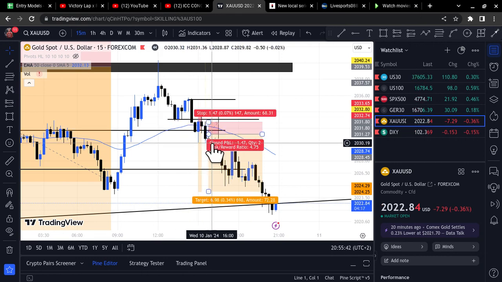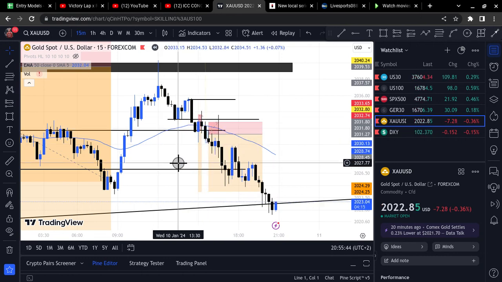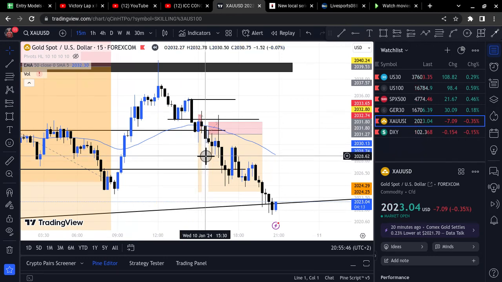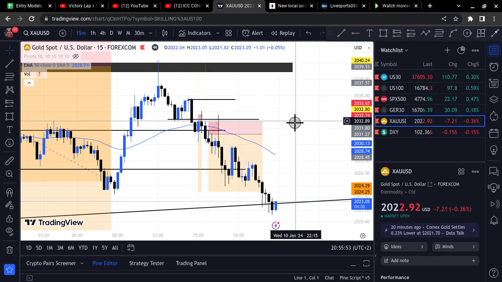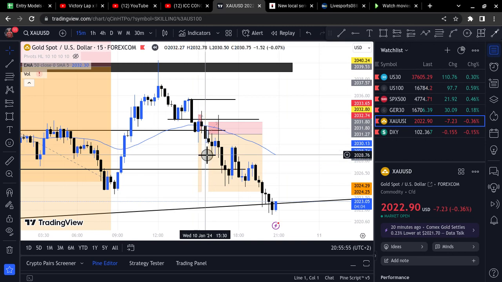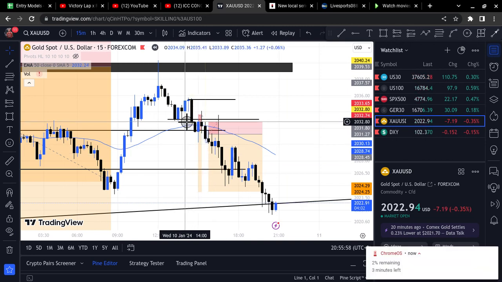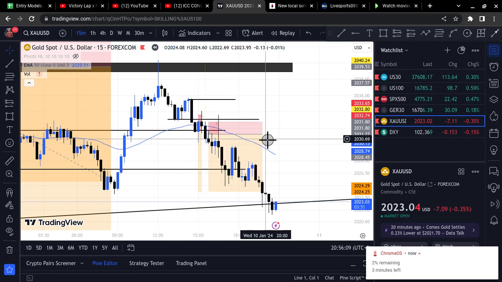when price broke below here, that was pretty much all we were waiting for. We got a nice candle and it broke really nicely, and we retested, and I took my sell position. So the trade was going away. I set my stop loss right there, and I was just watching the trade.